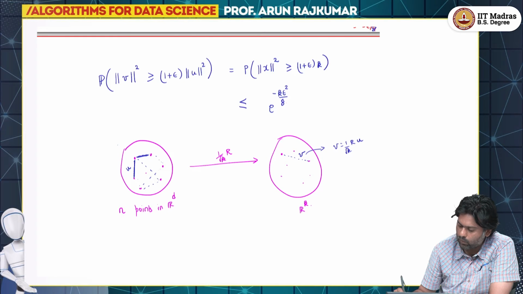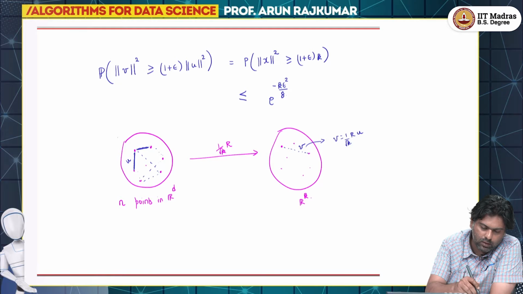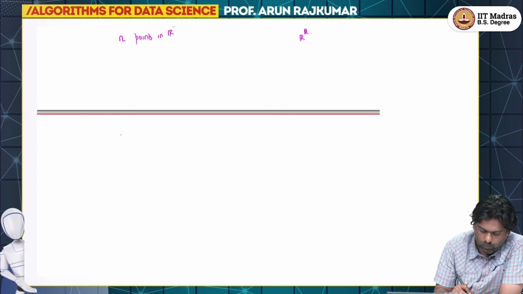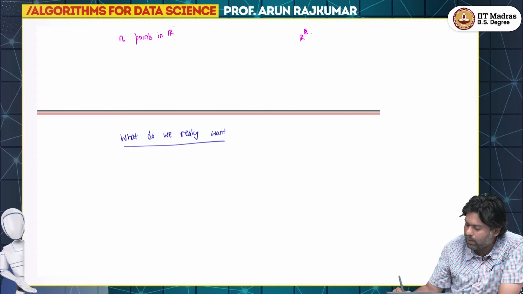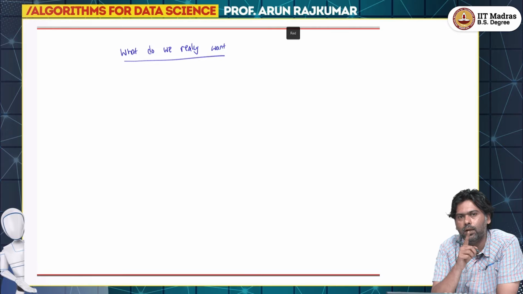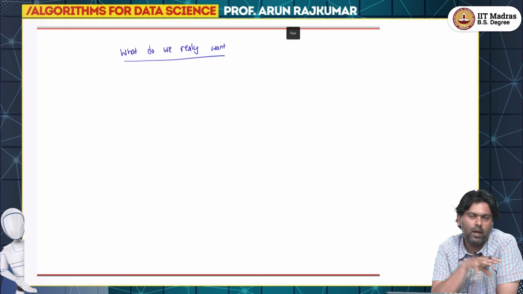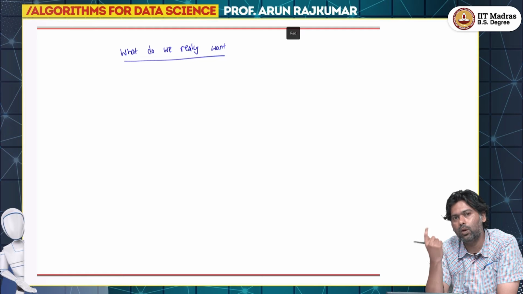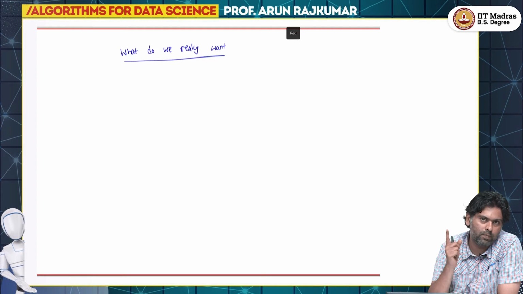So in other words, a slightly different way of thinking about it is the following. What do we really want? What is the real bad event? Let's think about that. The real bad event is, if I have n points, I have n choose 2 pairs, and even if for one pair the distance is not preserved up to 1 plus epsilon, then that's bad for me.